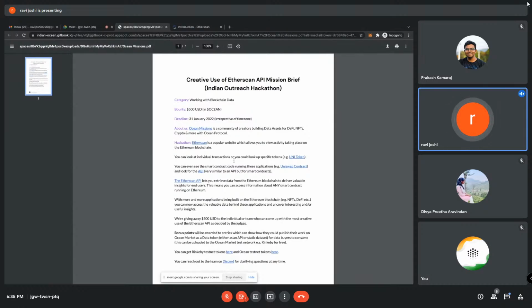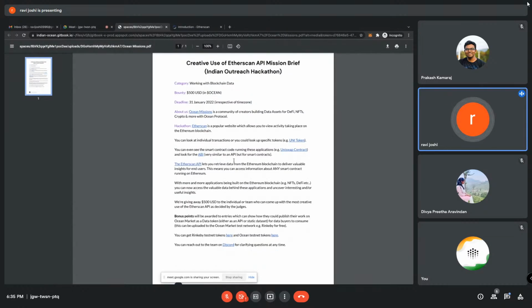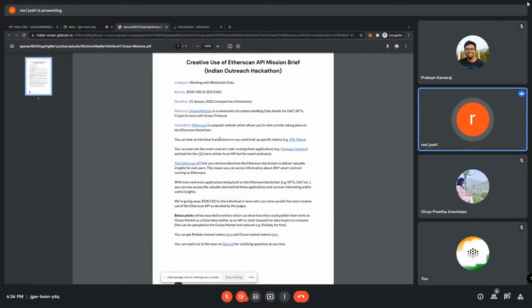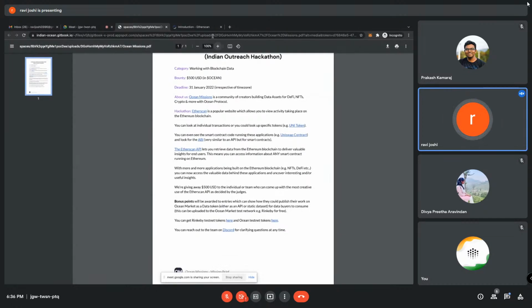If you have gone through the Etherscan website and explored it, it gives you details about the contract, the details of any particular address, how many transactions are made, and all the blockchain-related and transactional details. And the Etherscan APIs let you retrieve the data from the Etherscan blockchain.